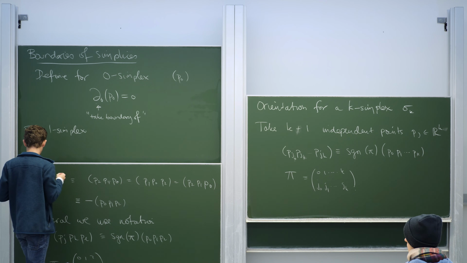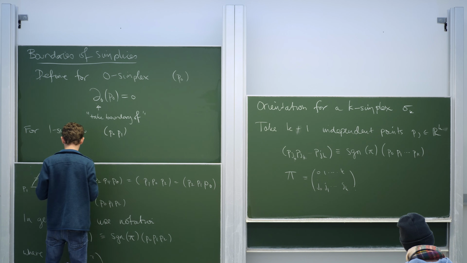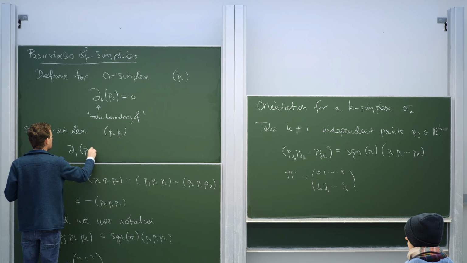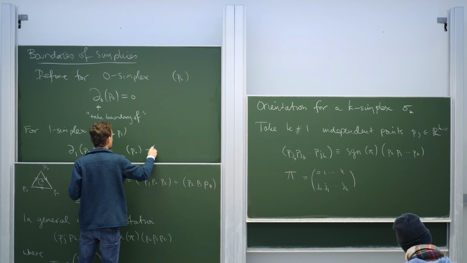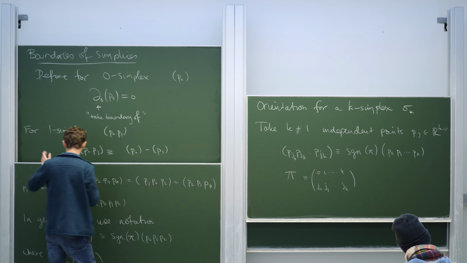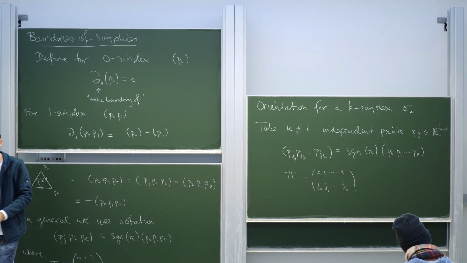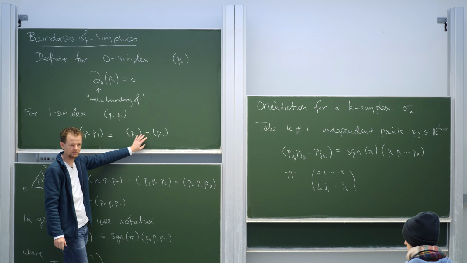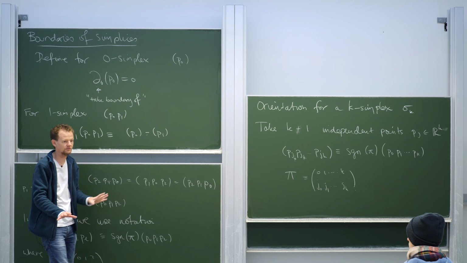So for an oriented one simplex, we're going to define the following notation. So still at the level of defining notation, we're not yet interpreting this as minus in an abelian group. It's just notation at this point.